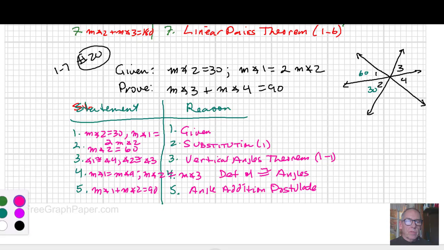And for step 6, we're going to substitute for measure of angle 1, measure of angle 4, and for measure of angle 2, measure of angle 3. So we're going to say measure of angle 3 plus measure of angle 4 equals 90.